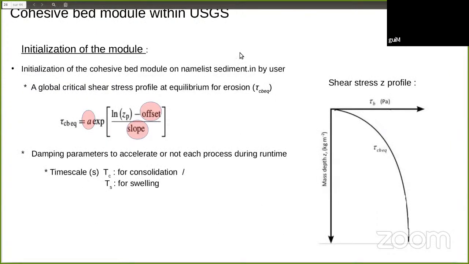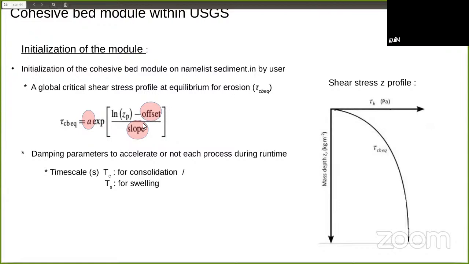So quickly, normally you initialize your module at the very beginning. You only have to change some information in your dedicated namelist, sediment.in. For this case, for consolidation, normally you don't have to change anything.